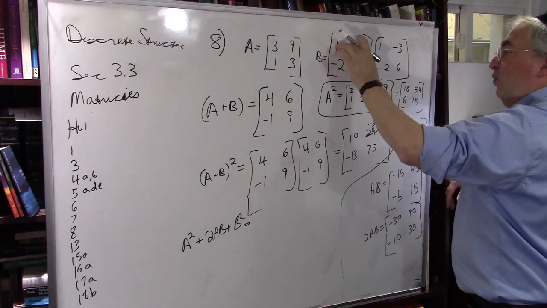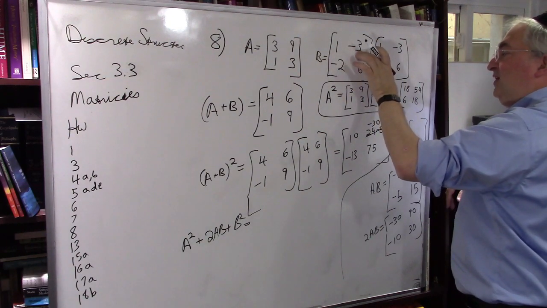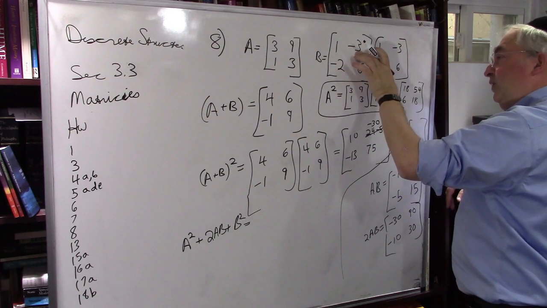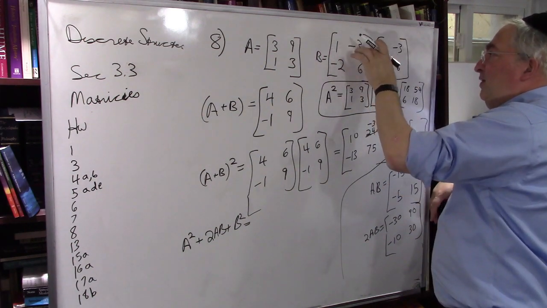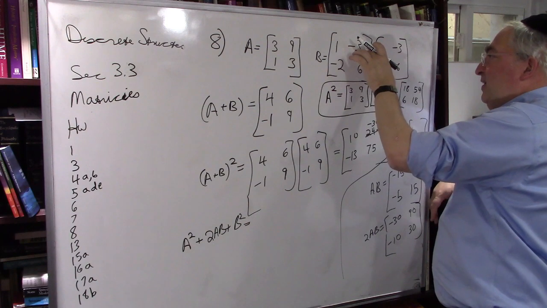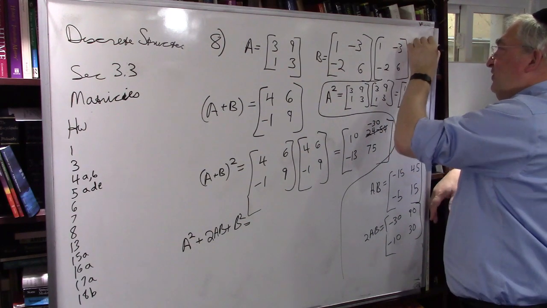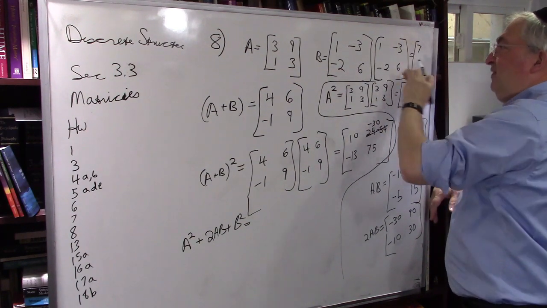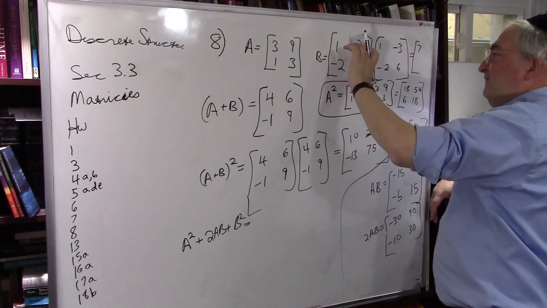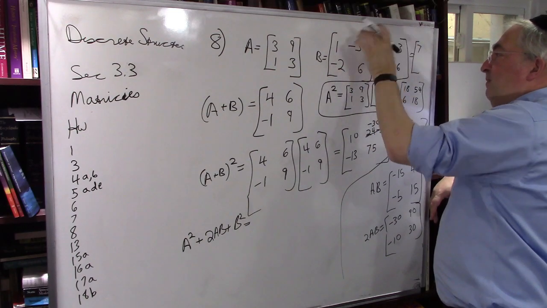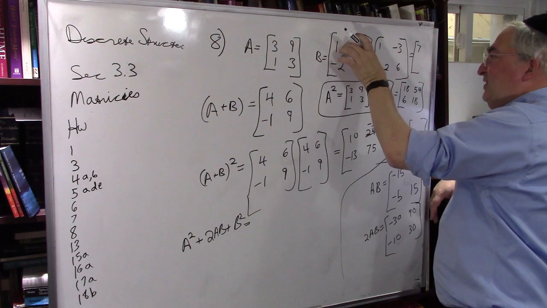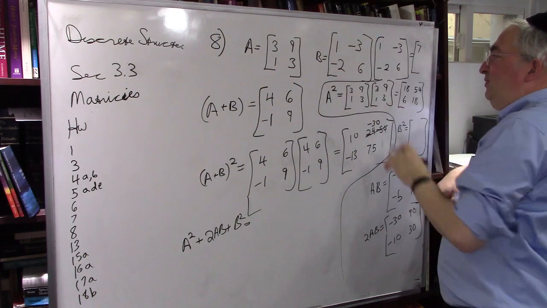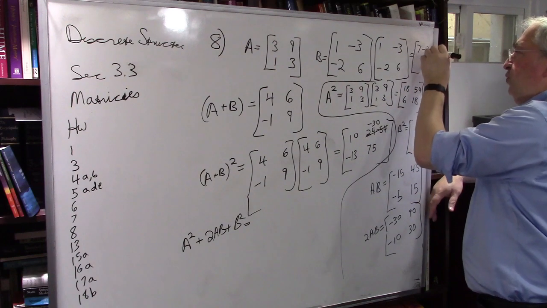Okay. 1 plus 6 is 7. So this is 7. Minus 3 plus minus 18 is minus 21.